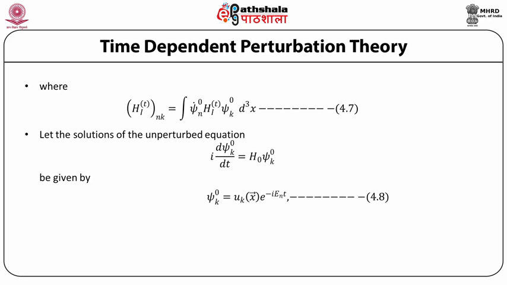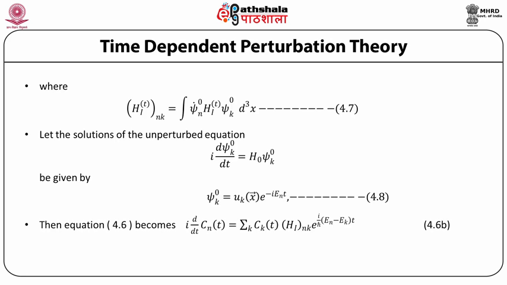Let the solution of the unperturbed equation be given by ψk naught is equal to uk(x vector) into exponential minus i Ek t. Then equation 4.6 becomes i d/dt of Cn(t) summed over k of Ck(t) Hi nk exponential i over ħ (En minus Ek) t.